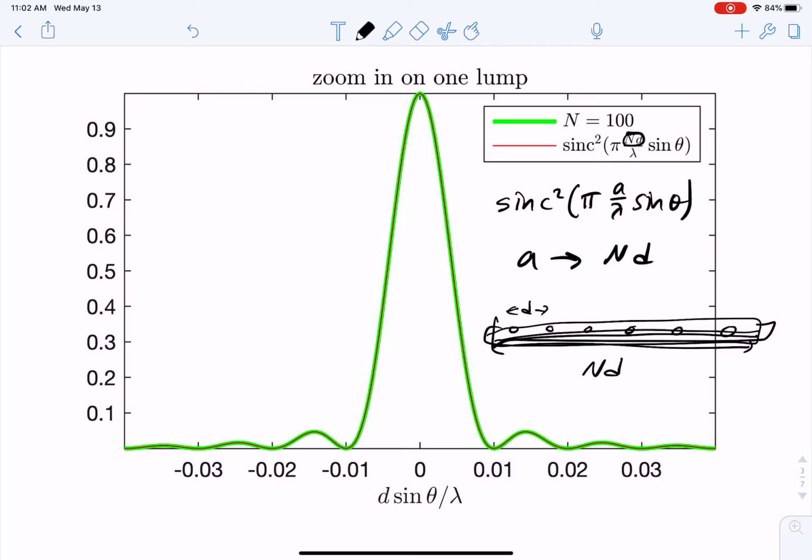So this distance here is what is a. So that's just a nice coincidence. If you ever need to know how wide this thing is, you can just think, I'm going to treat it as a single slit with this width. And then you can calculate it.